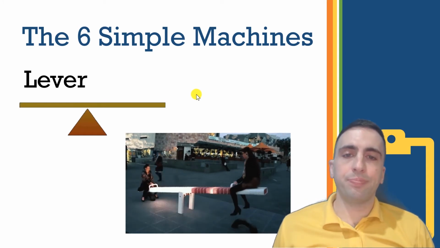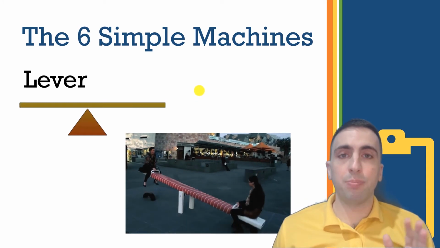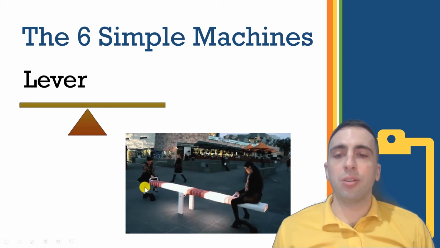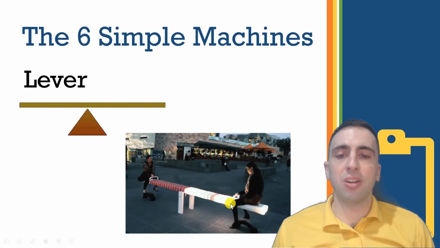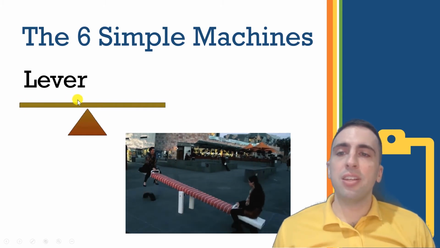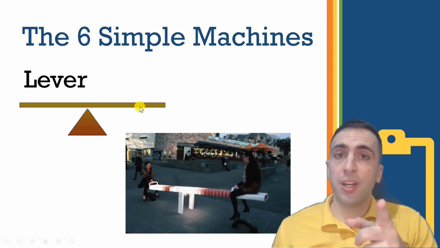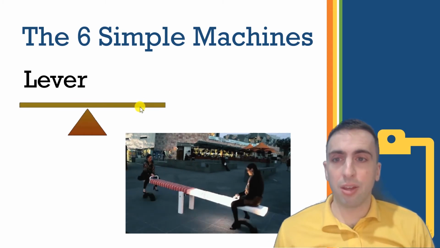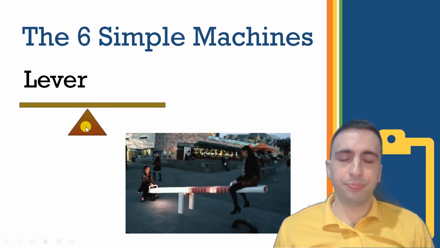The lever. We use this simple machine all the time. And let's look. We have a seesaw. A seesaw. This is a lever, but to use a lever, we need a fulcrum.